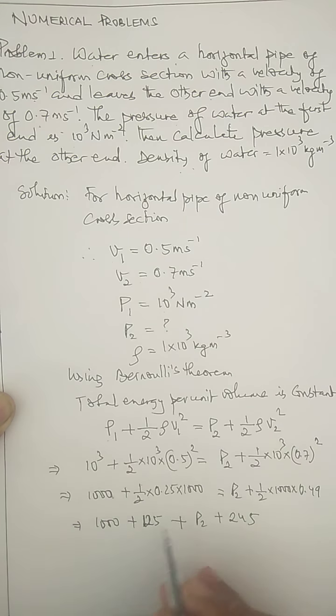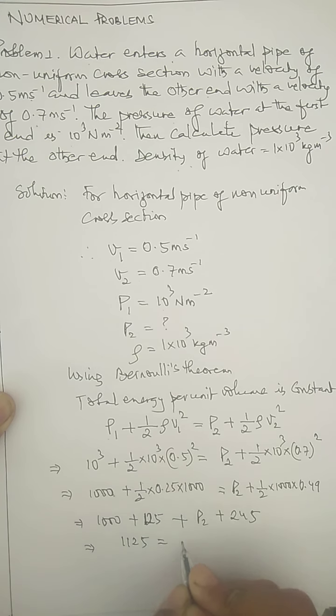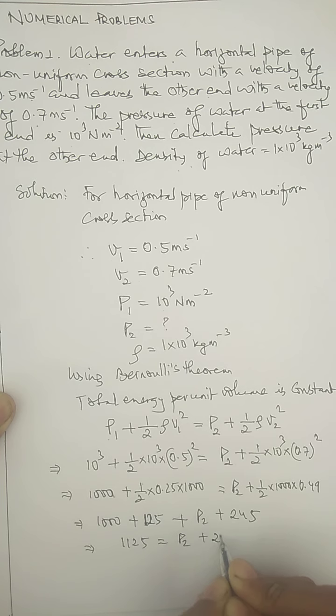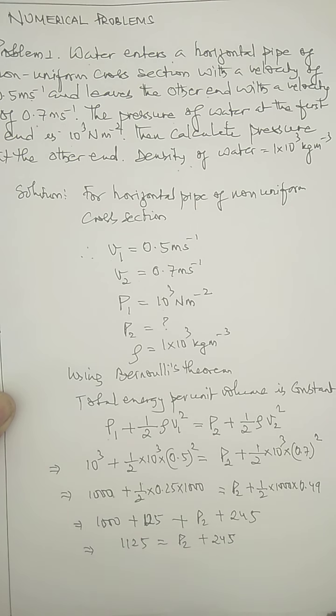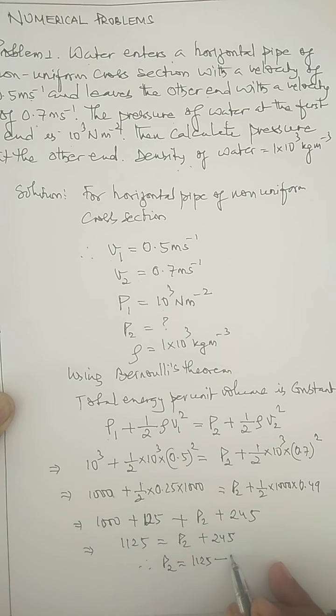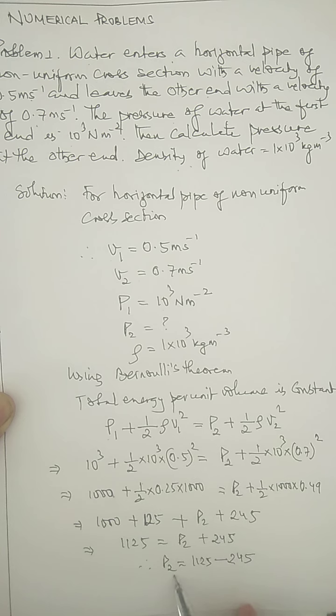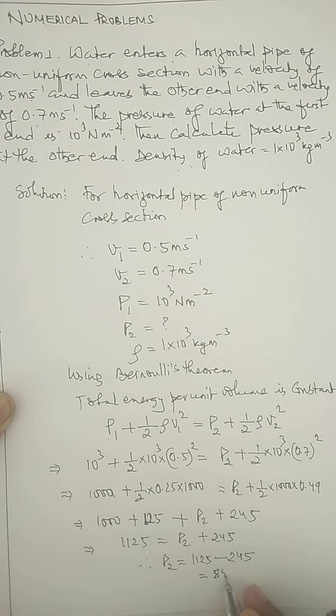Now we can add this on the left hand side, that is 1125 equals P2 plus 245. Now to find P2, I write directly P2 equals 1125 minus 245, taking it from the right hand side to the left hand side means minus 245, the subtraction to find P2. Now 1125 subtract 245, we get approximately 880, and this is P2.